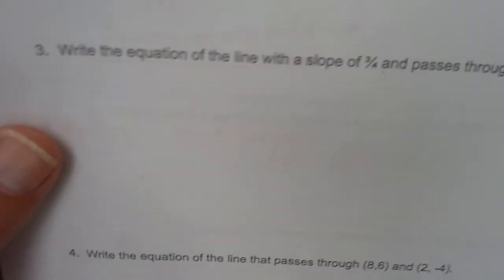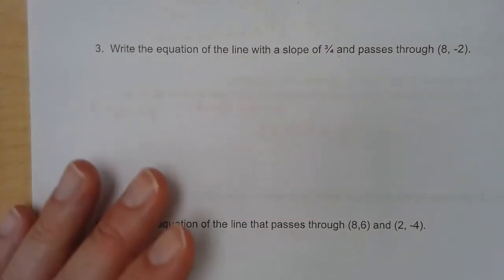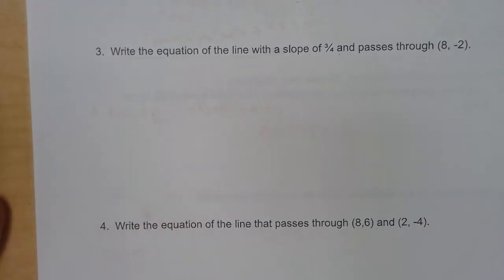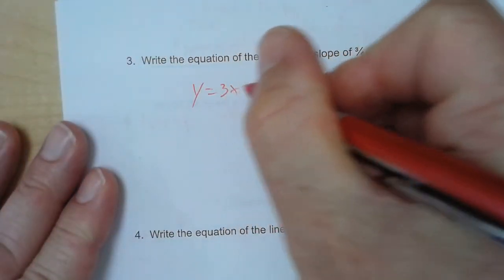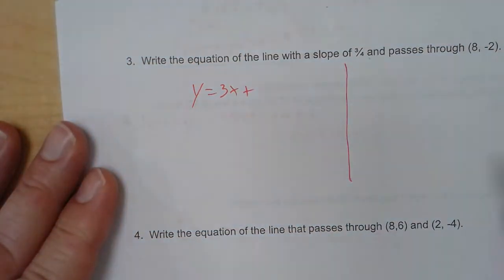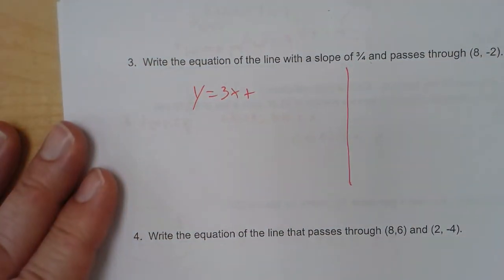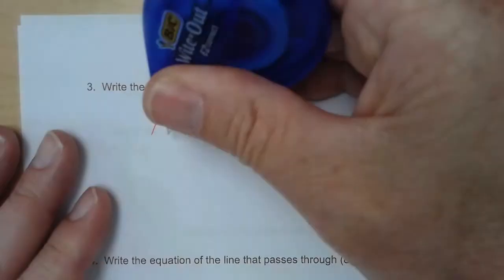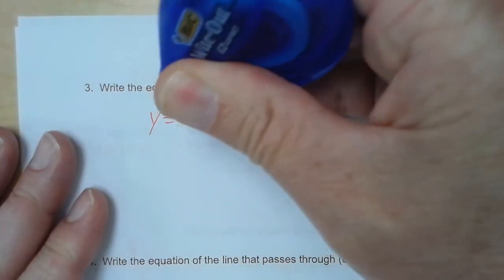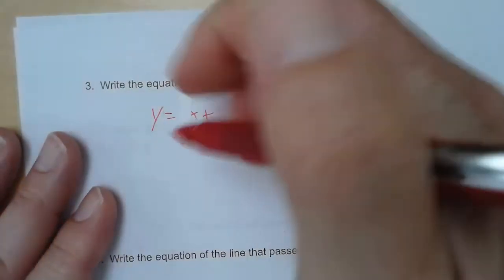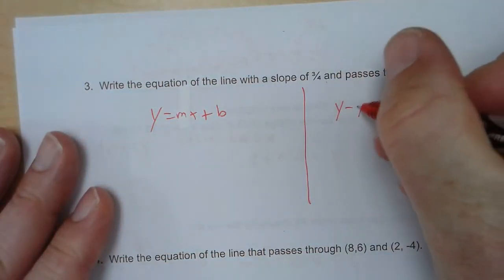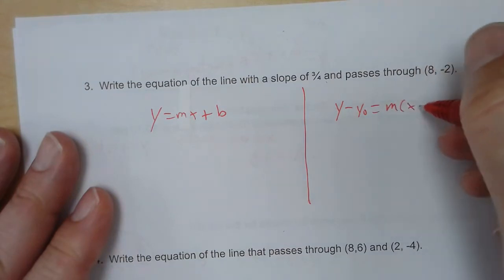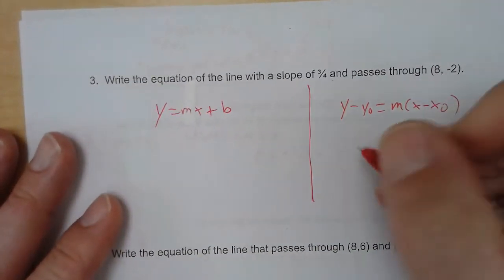Okay, next page. Write the equation of a line with a slope that passes through a given point. So this would be point slope. We could look at this two different ways. We could do y equals mx plus b, or point slope: y minus y initial is equal to m times x minus x initial.